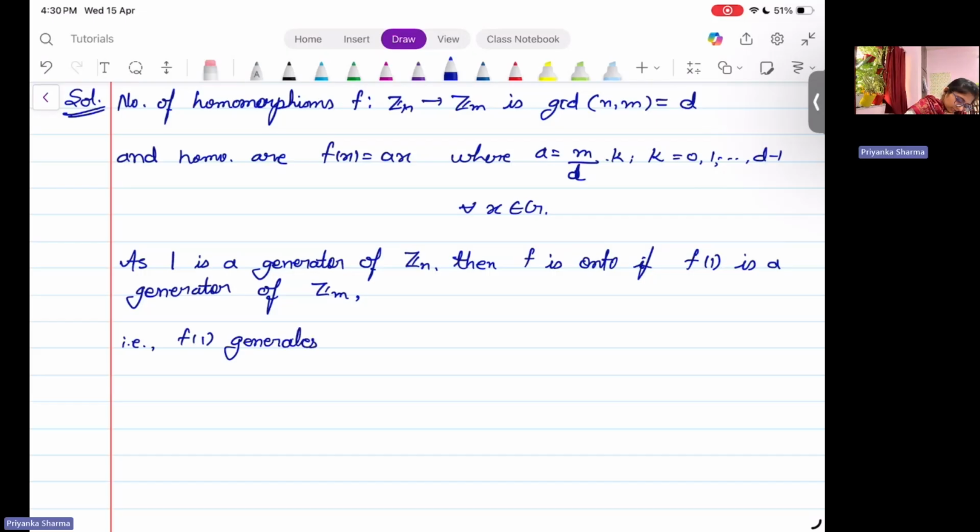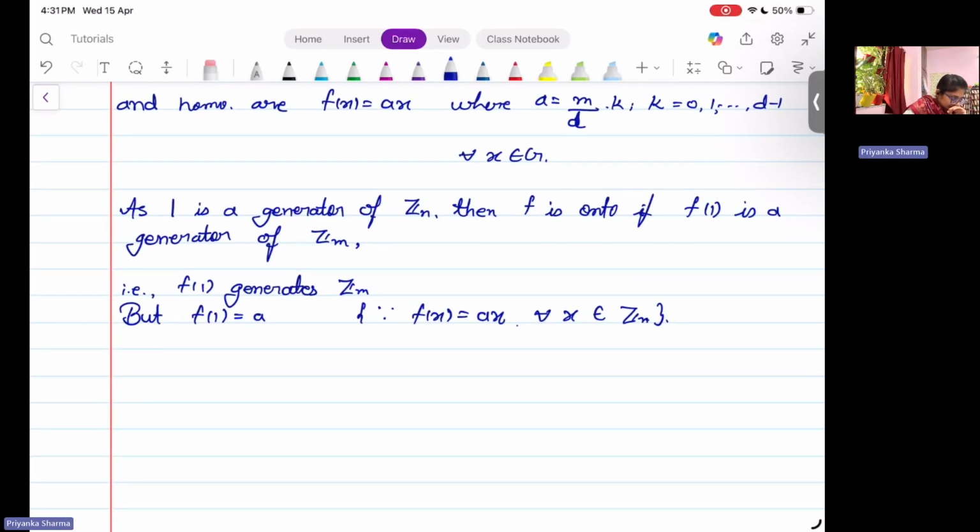But we have seen that f of 1 is a, since f of x is ax for all x belongs to Zn. So f is onto if a generates Zm.